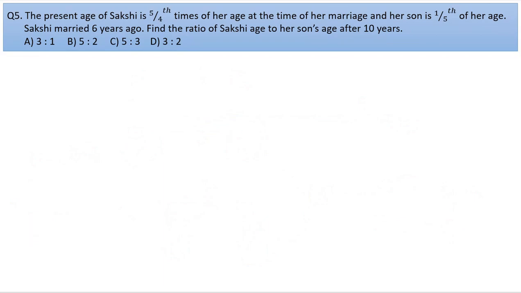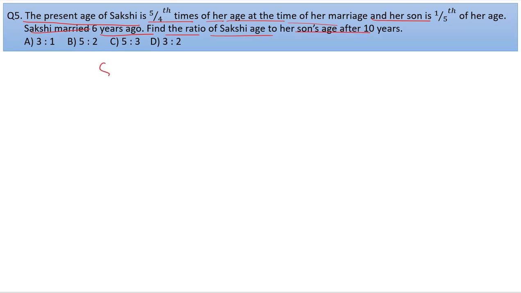Here in the last question, we have the present age of Saksi is 5/4 times her age at the time of her marriage, and her son is 1/5 of her age. Saksi married 6 years ago. Find the ratio of Saksi's age to that of her son's age.